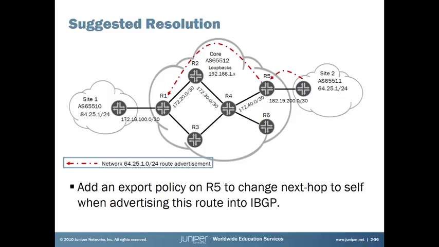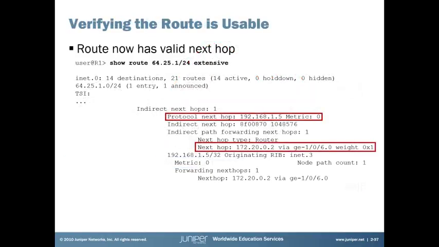So by simply changing that default behavior on R5 and putting in a policy which changes the next hop to the address of R5, we can solve that problem, and the result is that we now have the next hop for that route being the loopback address of R5.